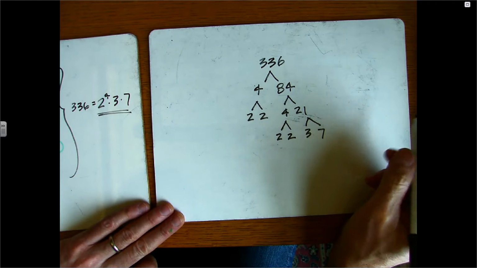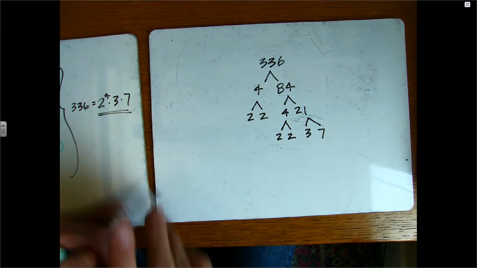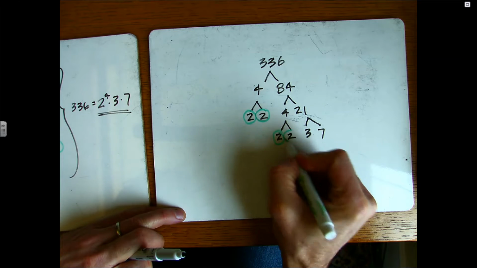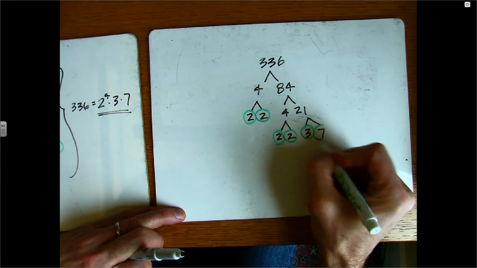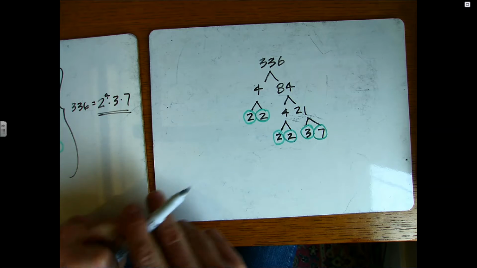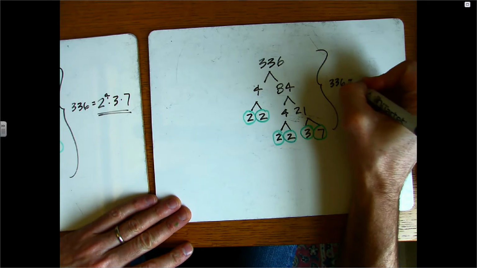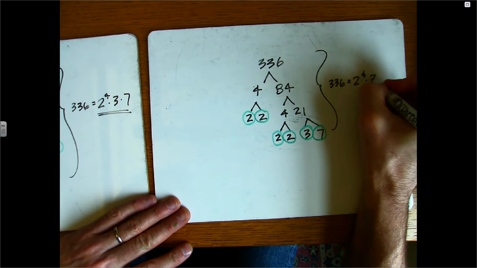And so what do we notice? If we gather the ends of our factor tree, I've got four 2s, a 3, and a 7. So this factor tree is showing me that 336 is equal to 2 to the 4th times 3 times 7.